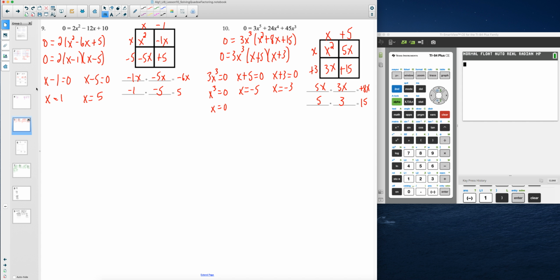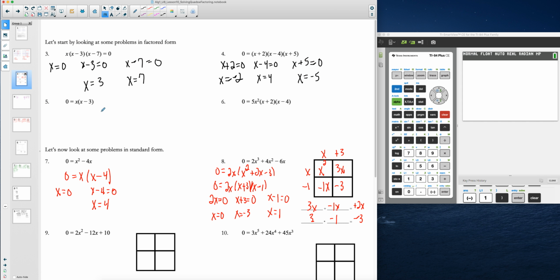Now, for the last little bit that we have to do here. So notice, when we go back here, let me flip back to our notes. What we said is that we always want one side of our equation to be equal to 0. And we've talked about that when we solved this year.